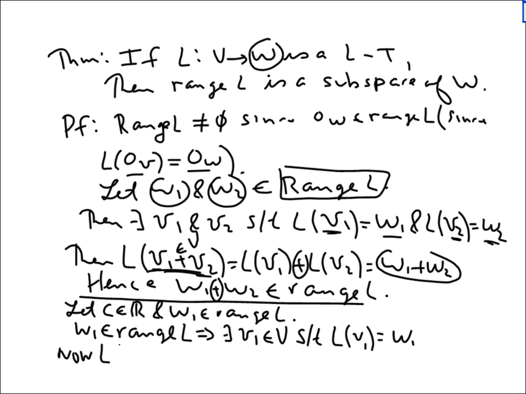Now, L of C times V1, well, this is in V. This is equal to C times L of V1, which is C times W1. So I was able to find L of something that gave me any scalar multiple of W1.